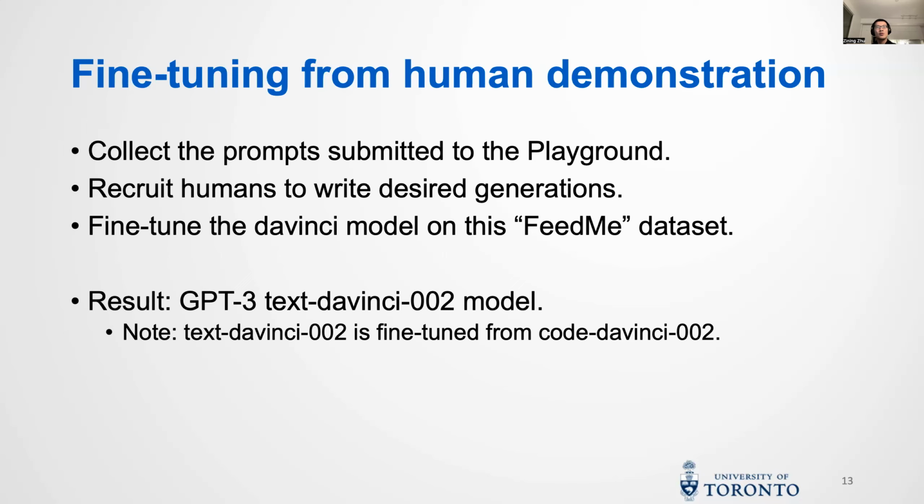And because OpenAI is actually closed AI, there isn't too much that we can do in terms of allowing or not allowing them to use the data we submit to the API or the playground to train and improve their further models. Regardless, it takes massive expense and human effort to write the desired generations from the prompts submitted to the playground.